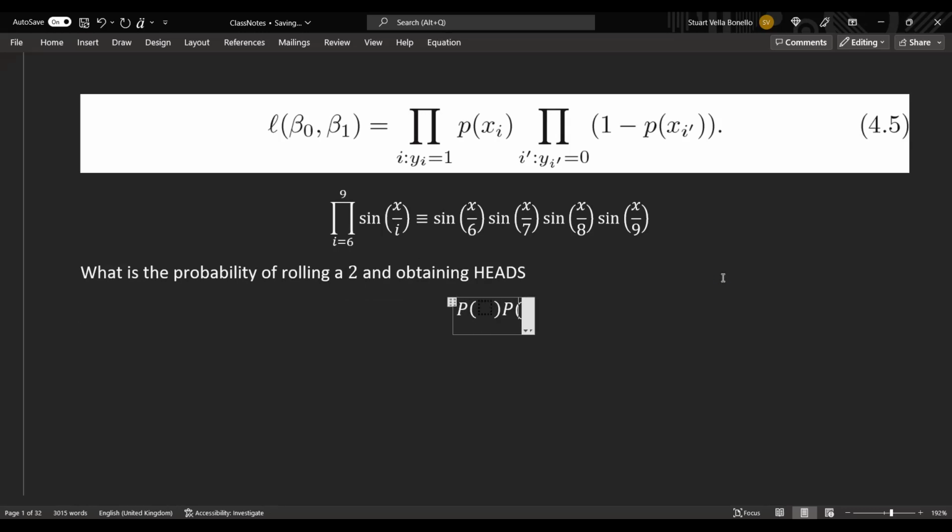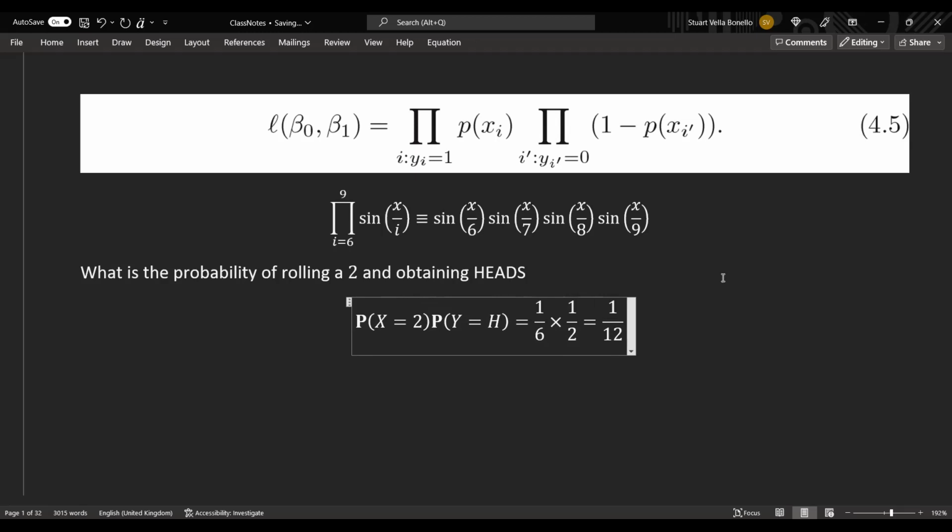We love independent events. The mathematics is a lot easier, and you just compute them individually. So you have 1/6 and 1/2, and you have a 1 in 12 probability.